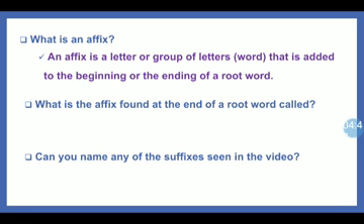So, for example, last week we did prefixes. If I say happy, happy by itself would be the root word. If I added the prefix un, then I'm going to be getting a new word. So I would get unhappy. So the root word stands by itself. The root word has its own meaning.